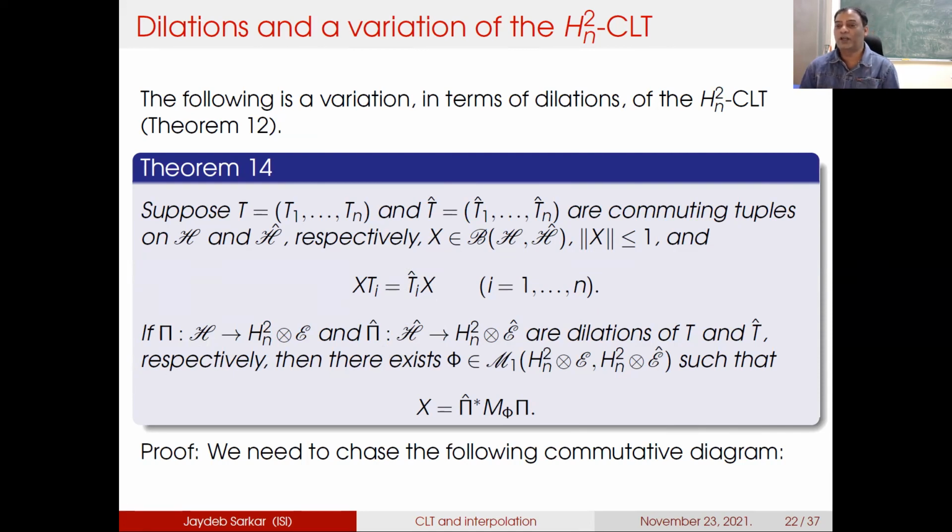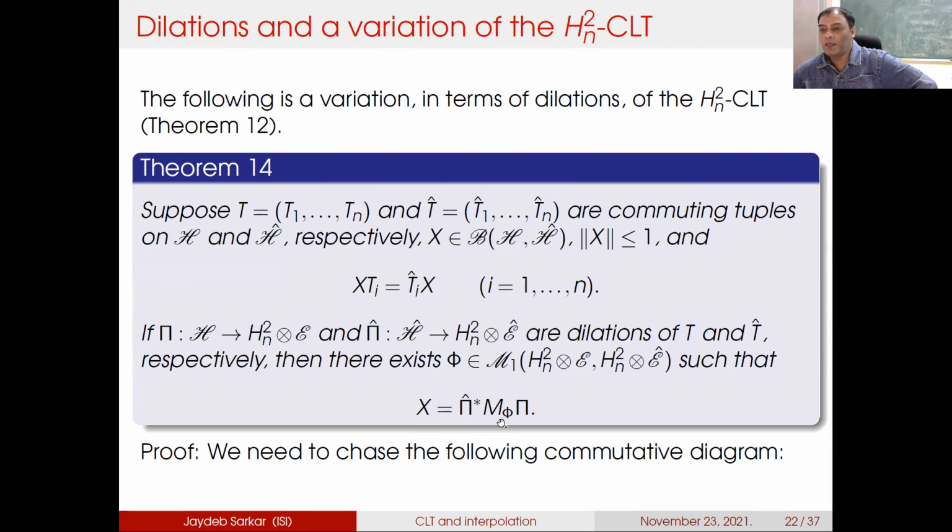So you pick a pair of dilations of H and H hat. Well, you assume they're row contractions. In fact, this will force them to be row contractions. If you do that, then there exists a multiplier phi such that your X is pi hat star M phi pi.